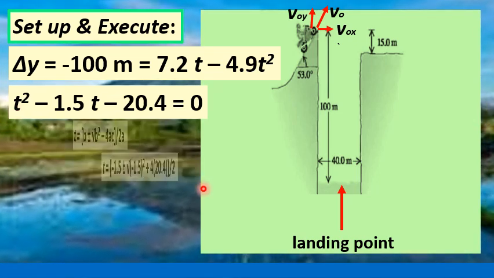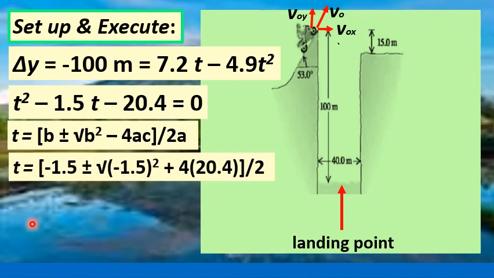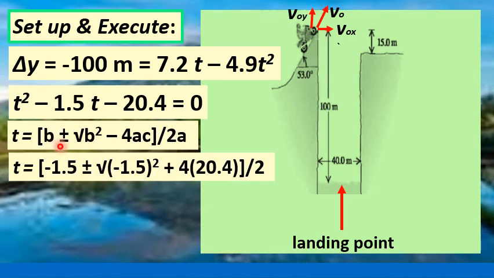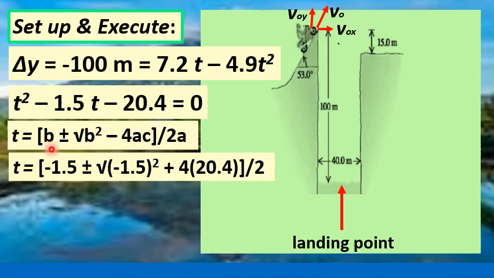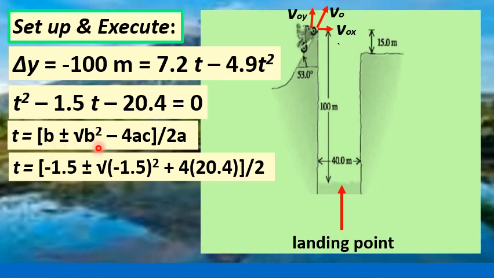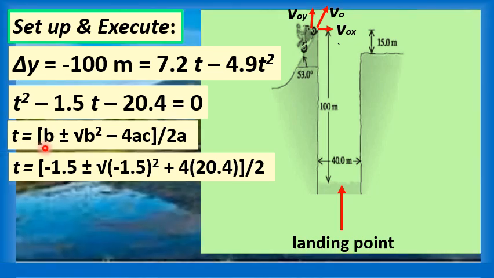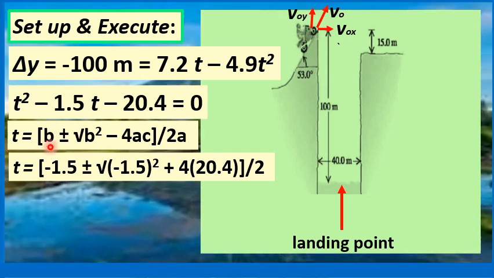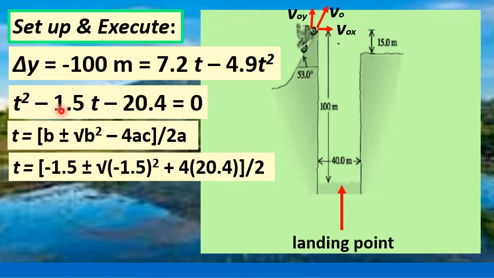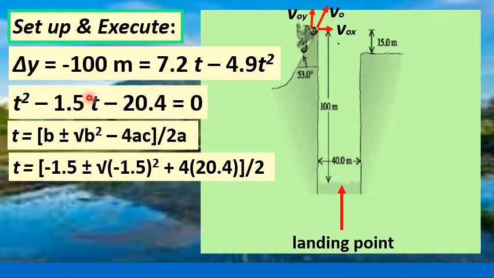According to the quadratic formula, the value of the time t is equal to the negative of the B coefficient.